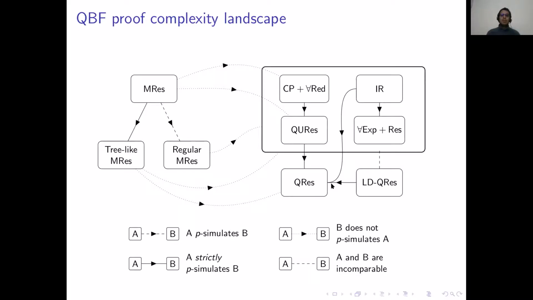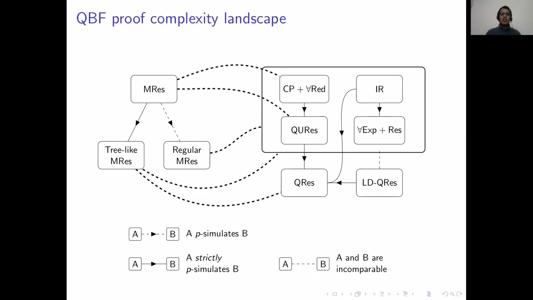Now what we do is we prove that there are formulas which are hard for MRES and easy for these systems, formulas which are hard for tree-like MRES but easy for these five systems. There are formulas which are hard for regular MRES and easy for these four systems.